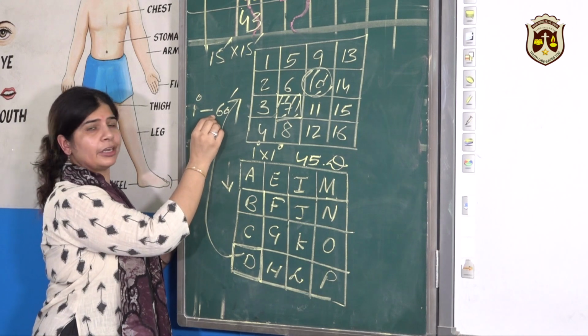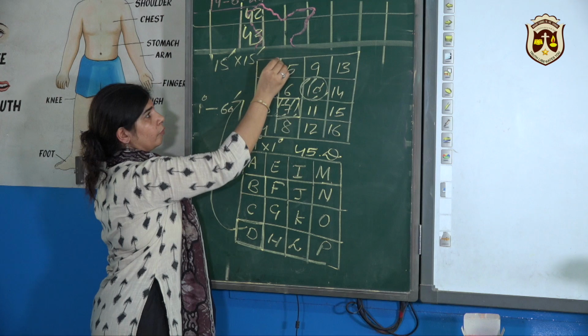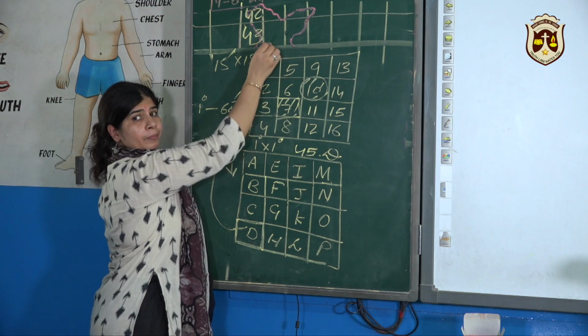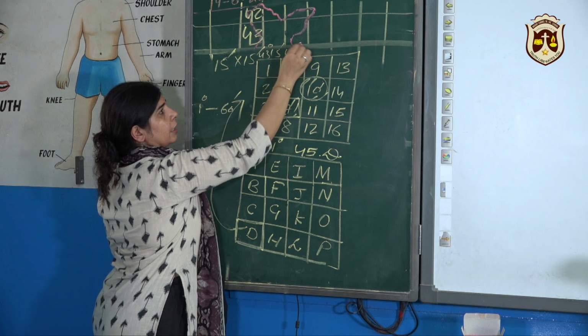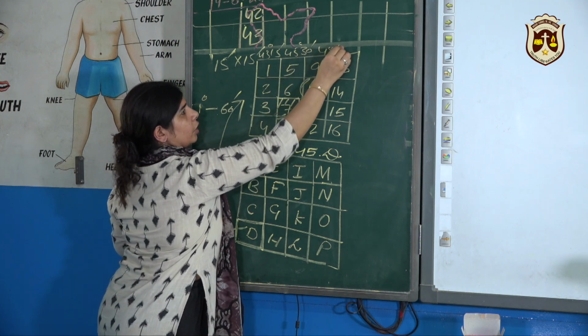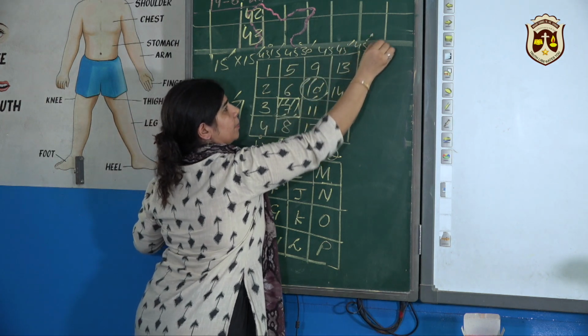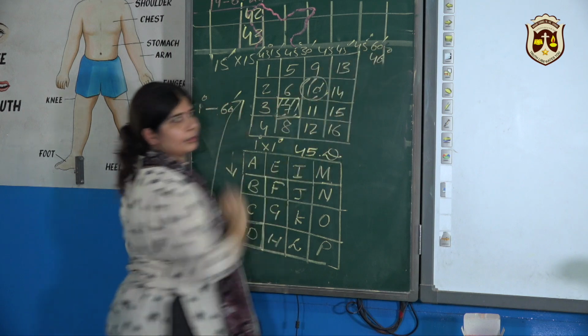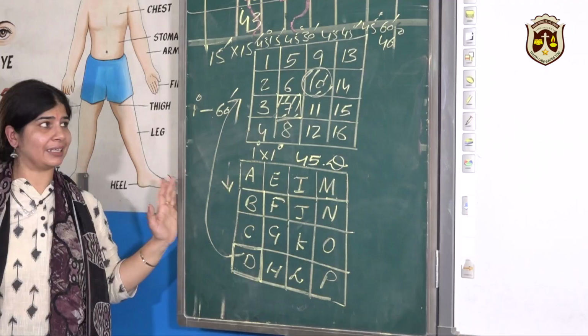So let us divide into 4 sections, that is 15. So 45 degree 15 minutes, 45 degree 30 minutes, 45 degree 45 minutes, and 45 degree 60 minutes, means 46 degree. I think you understand this one.